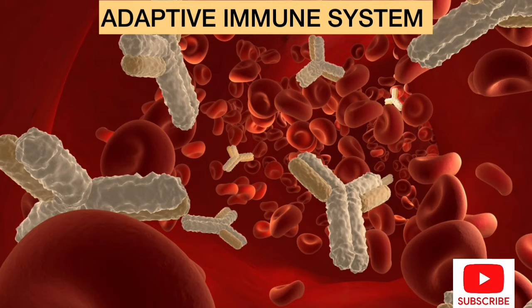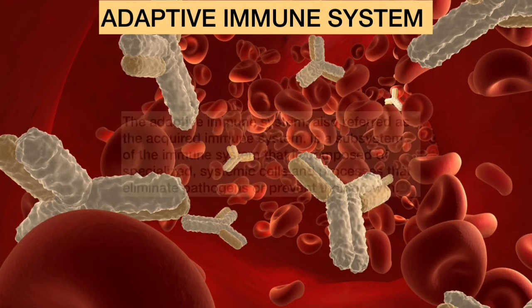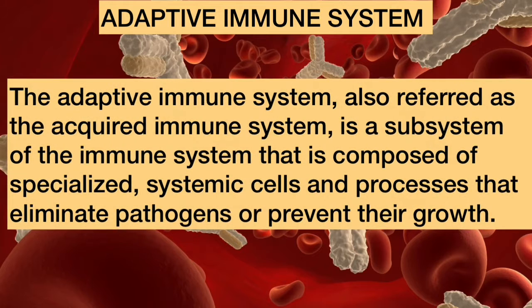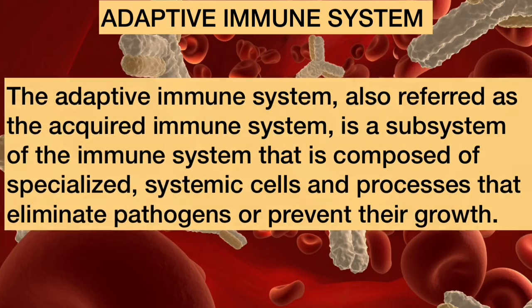Then comes the adaptive immune system, which counters infection with a specific tailor-made response to the attacking pathogen. The adaptive immune system, also referred to as the acquired immune system, is a subsystem of the immune system that is composed of specialized systemic cells and processes that eliminate pathogens or prevent their growth.